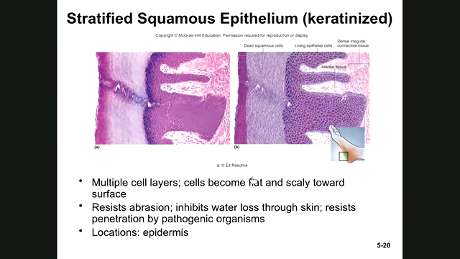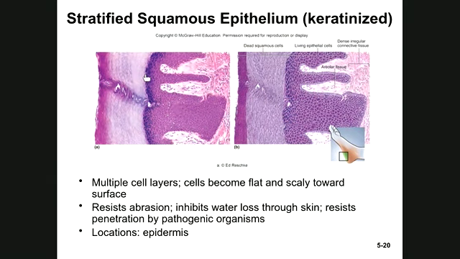This is the real picture. Here you can see the basement membrane, the boundary between epithelium and the connective tissue. You see that you have more than one layer, and the last part where you can see the nucleus, your nuclei and your cells are flat. So we call it a stratified squamous.